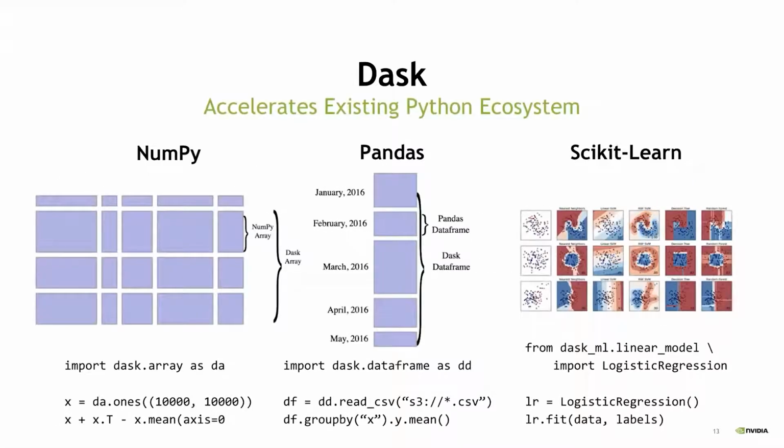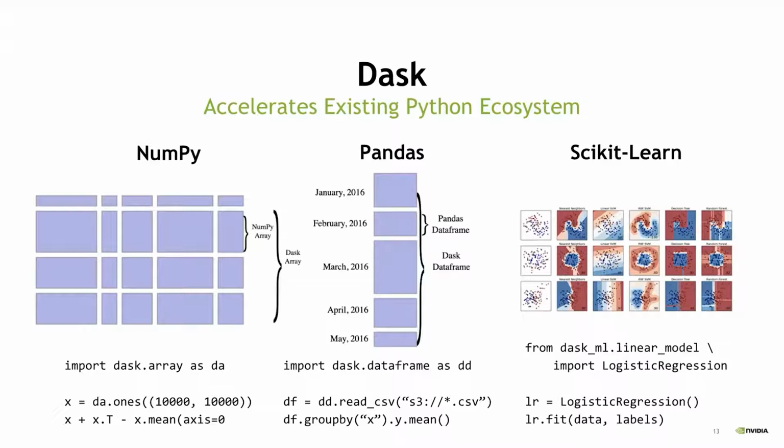And on the Dask side, for people who are familiar with the Python ecosystem, it's very straightforward as well. So normally you would have, for example, a NumPy array, and Dask is simply a cluster of those arrays. So instead of having one NumPy array, Dask will have various NumPy arrays, and its API is virtually the same as NumPy.